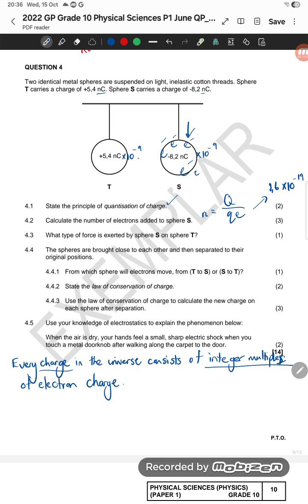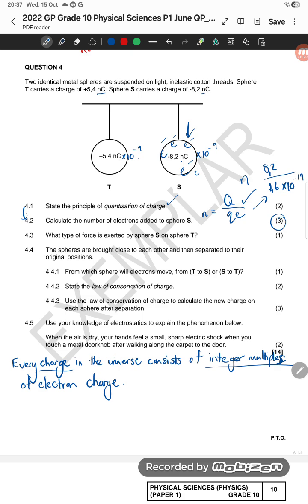So I've got 8.2 nanocoulombs, which is times 10 to the negative 9. So N is equal to, you're going to get a mark for this. This is out of 3, marks for the formula. And the formula was in the formula sheet. So it is the charge divided by the charge on an electron. So I've got 8.2. You don't have to put the negative.